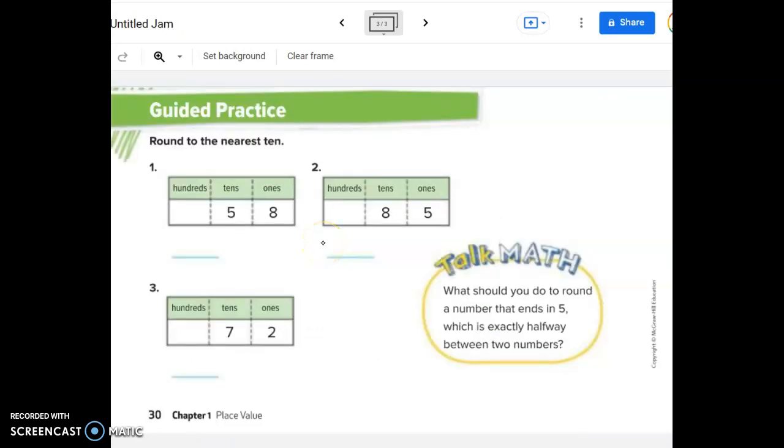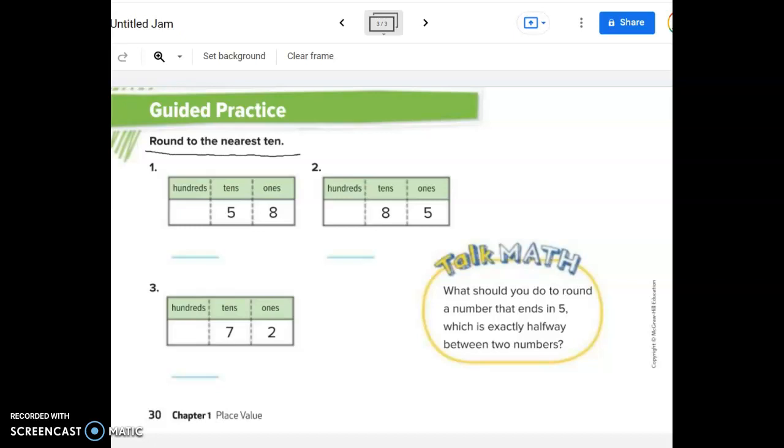Okay, boys, now we are on to page 30. We're still at the bottom of page 30 with the guided practice, and it says round to the nearest 10. Remember, we always read instructions, because the instructions tell us exactly what we need to do.